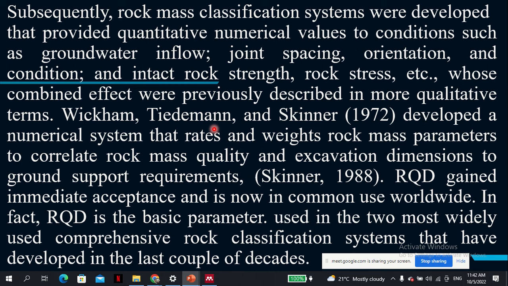So the percentage of recovered cores that are 10 centimeters long or more, versus the rest, that is what we call the RQD. This ratio is given as a percentage, the RQD, rock quality designation.